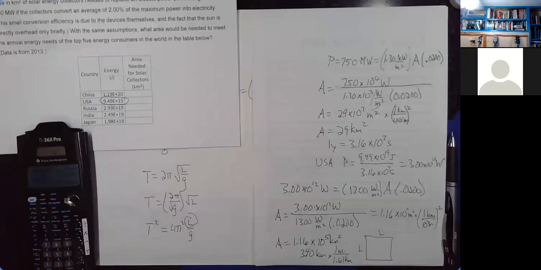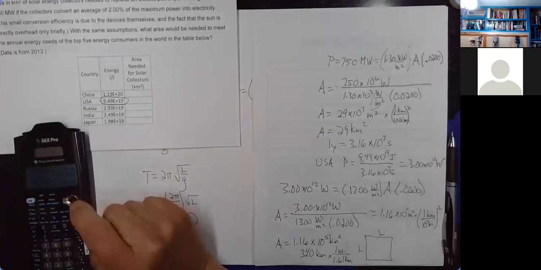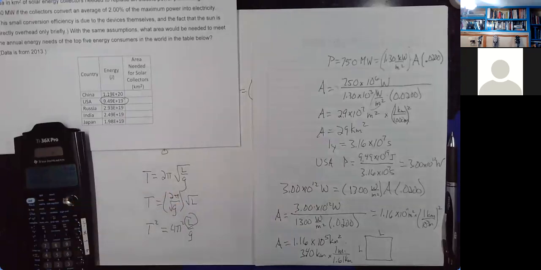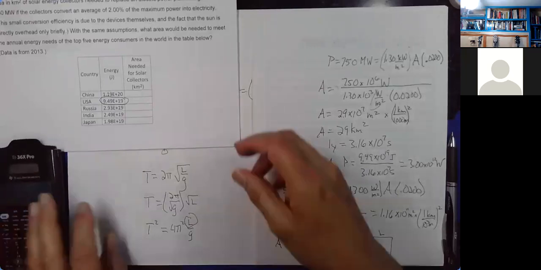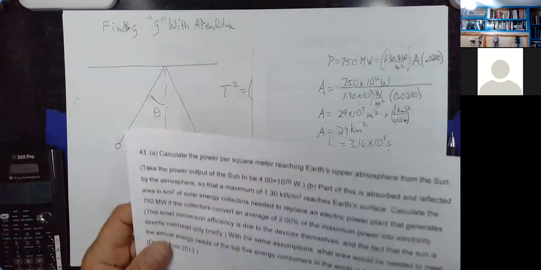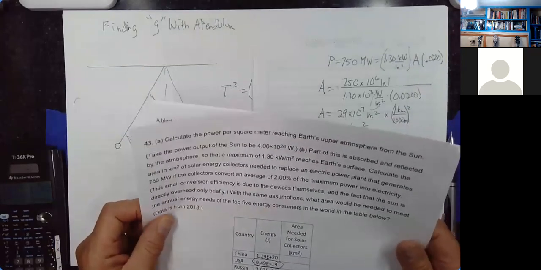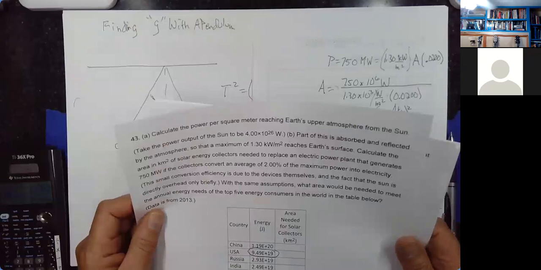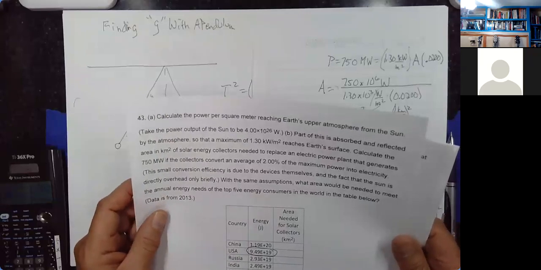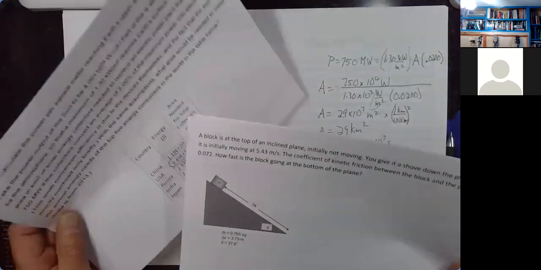That might be a possible way that you could do it. I'd be willing to bet that we have that many square miles covered with asphalt in the United States right now. So anyway, that's kind of an off-the-wall question. I would not hit you with one like this on a test, but it just gives you some idea of what you can do when you start thinking about some of these power and energy relationships.